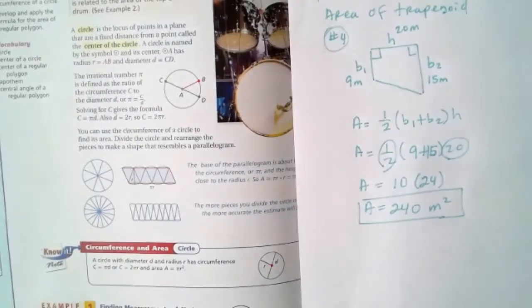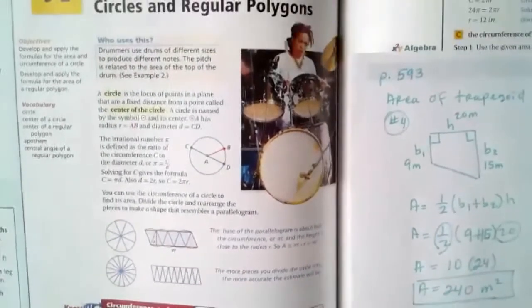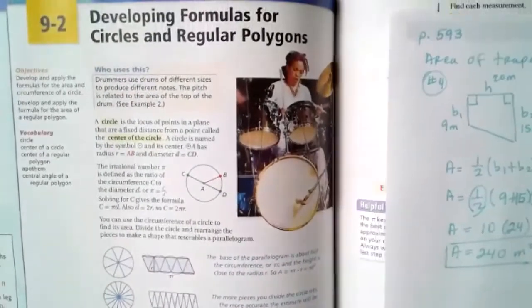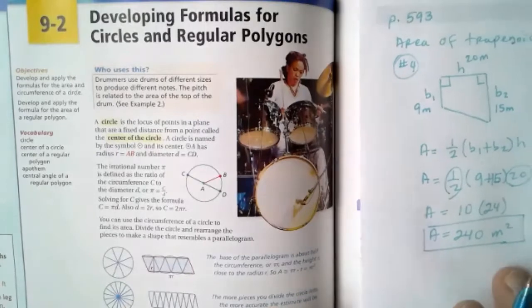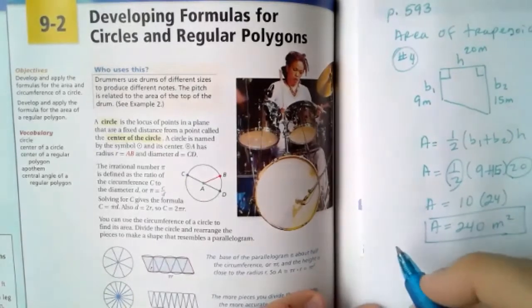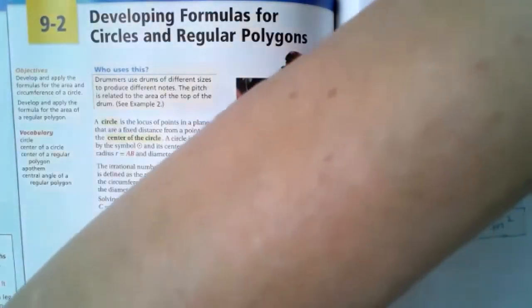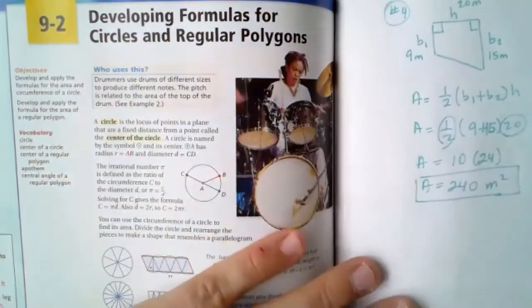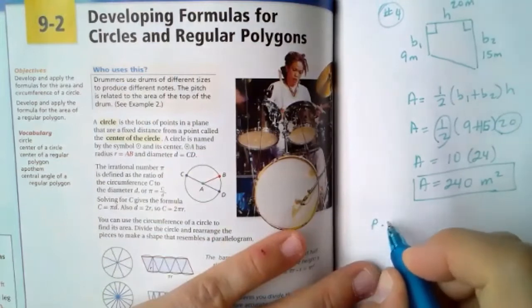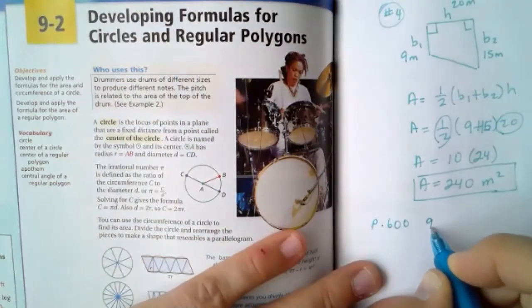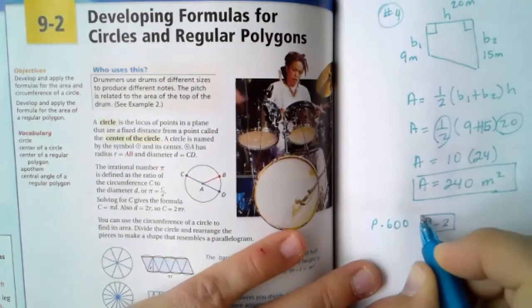So let's go over here to our notes. I'm on page 600. Can't see what I'm doing here because this light is not right in here. Okay, so it looks like I can go ahead and start page 600, 9-2 section.